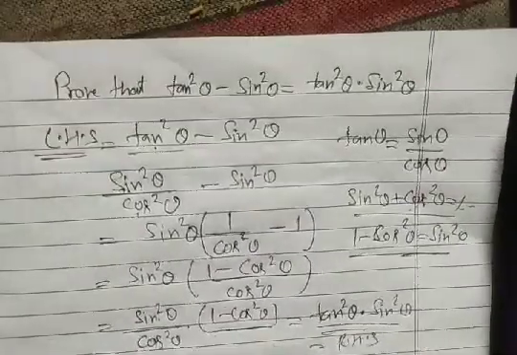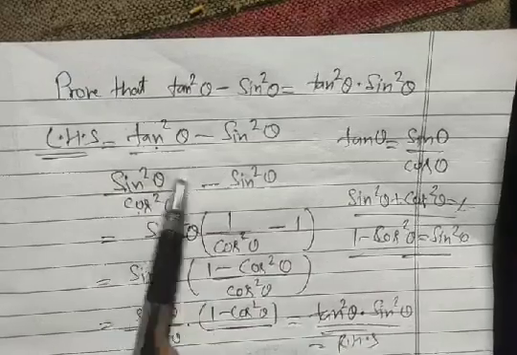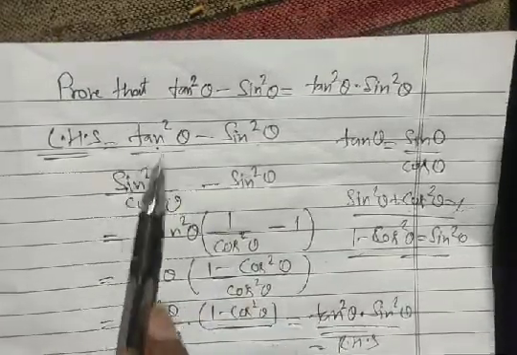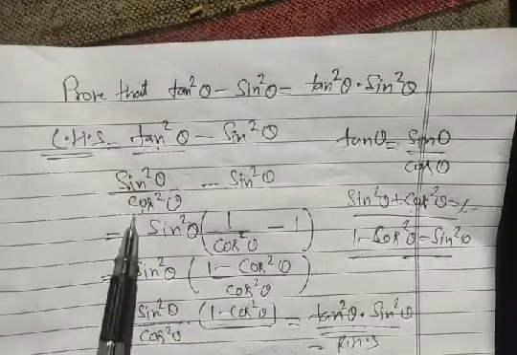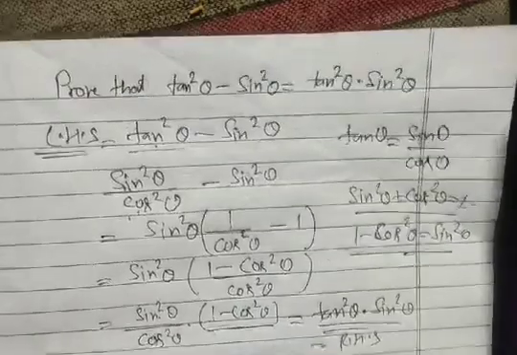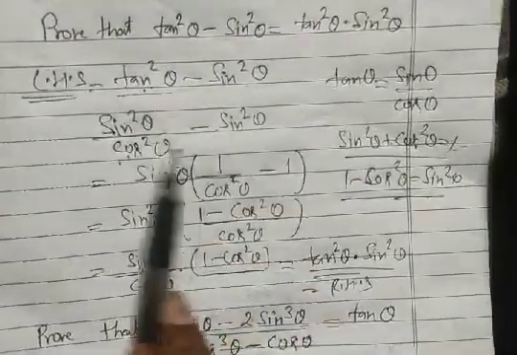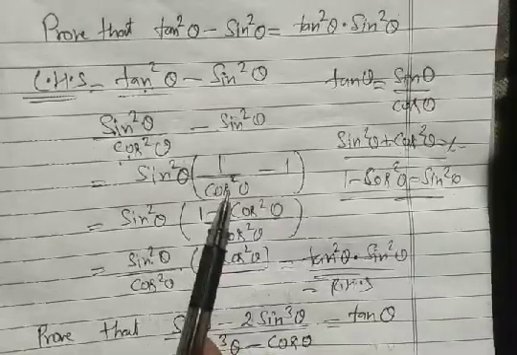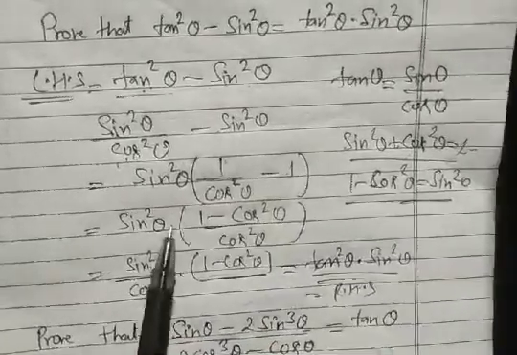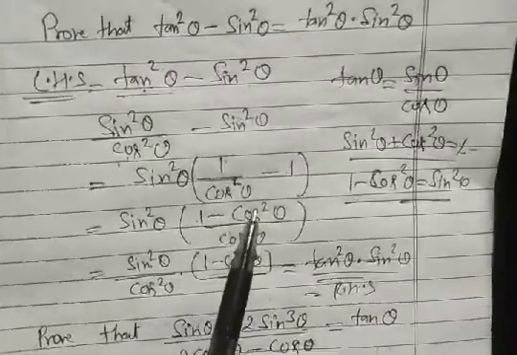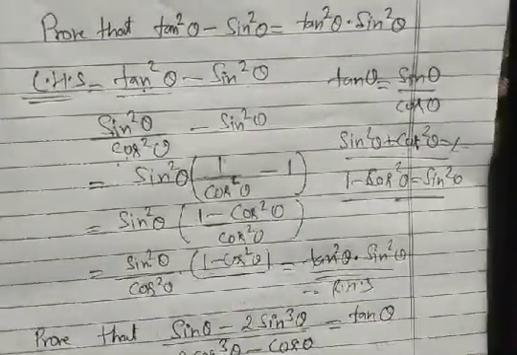What we have to prove, I am going to revise again. Starting with our left hand side, we have tan square theta minus sin square theta. We write tan square in terms of sin and cos. We have sin square upon cos square theta, then minus sin square theta. Then we take sin square theta common from both. Here we have 1 upon cos square theta, here we have minus 1, then write down sin square. Then taking the LCM in the bracket, we have 1 minus cos square theta upon cos square theta.